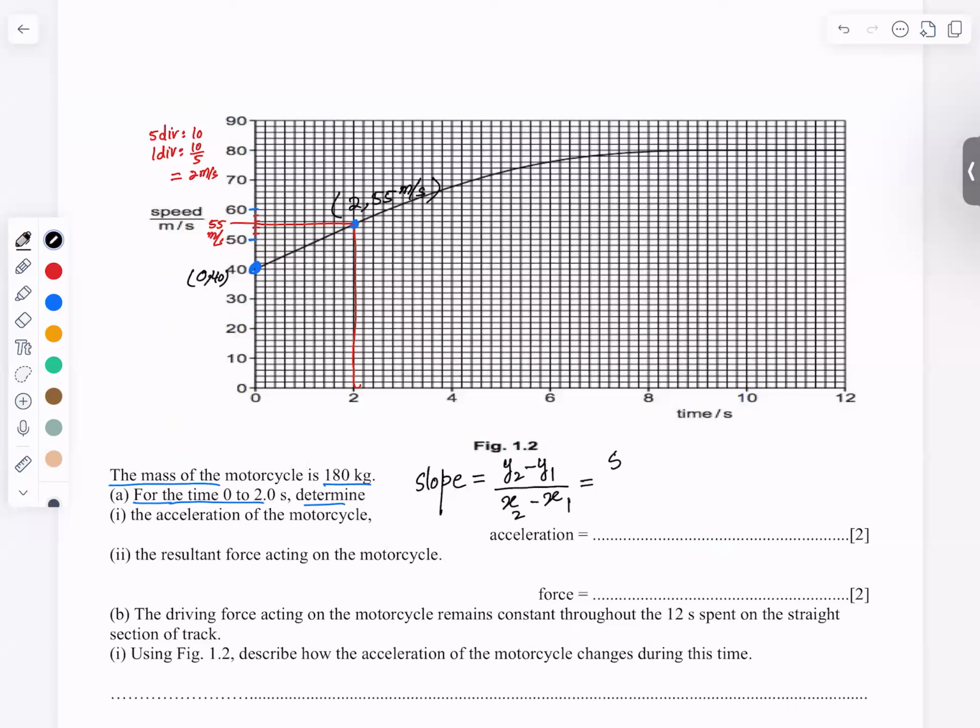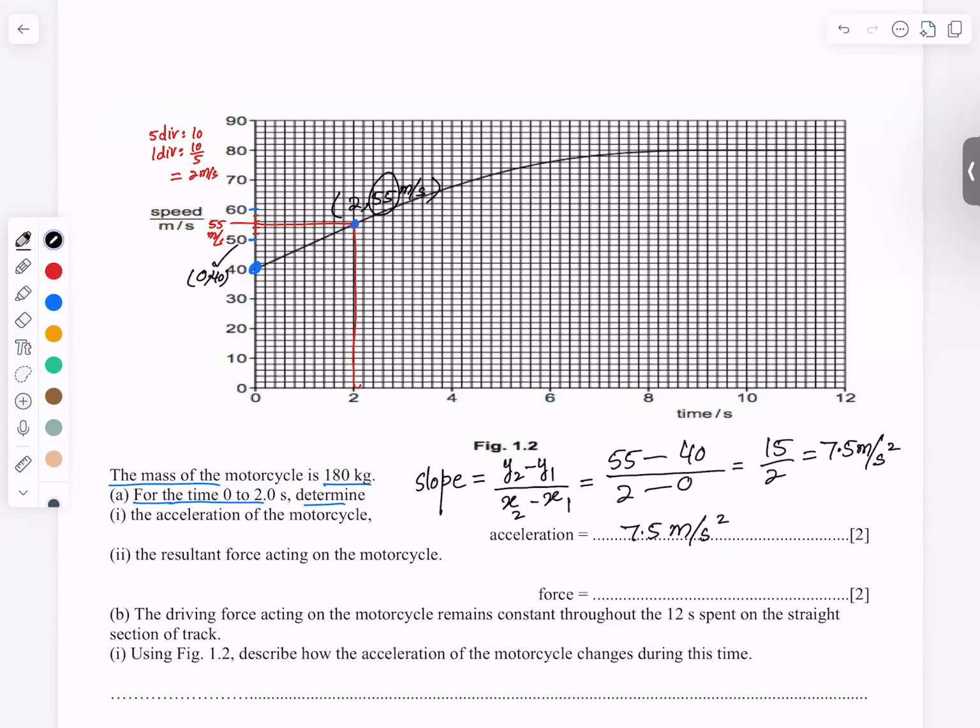So 55 minus 40, because the starting point is 40. And that will be divided by 2, which is the time at the final point, minus 0, the time at the starting point. So it will be 15 over 2. That should be 7.5 meter per second square.